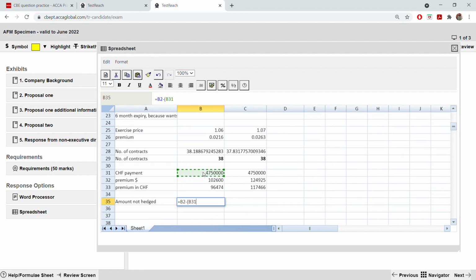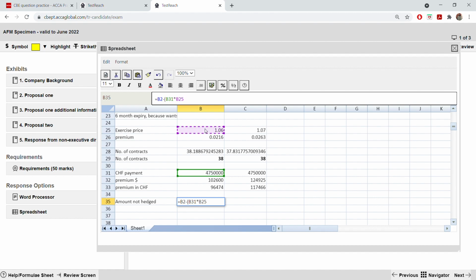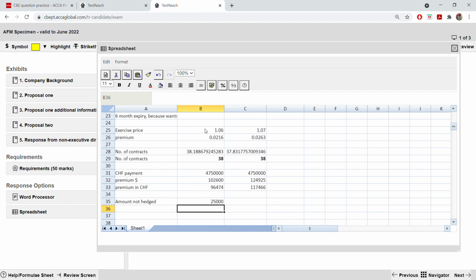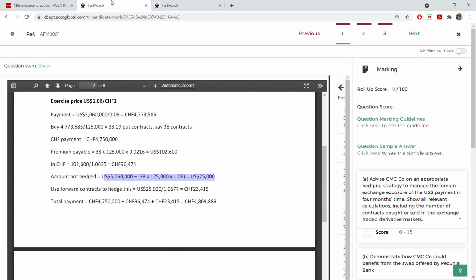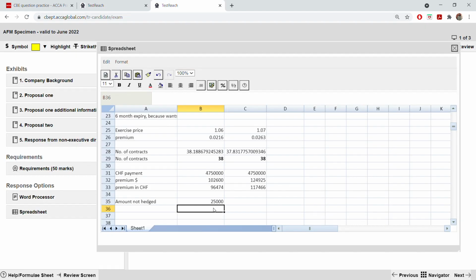This payment converted back to dollar, because this 5,060,000 is in dollar. From that, deduct how much you are not hedging. How are you going to do that? Multiply it by the exercise price, 1.06. 25,000 US dollar.